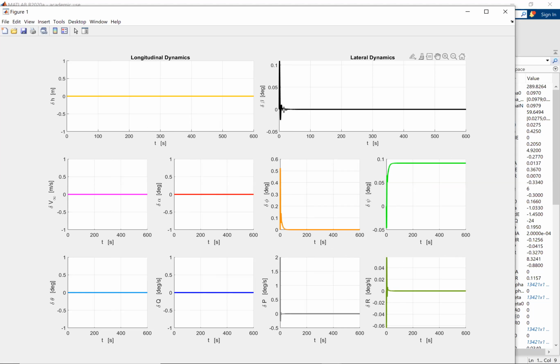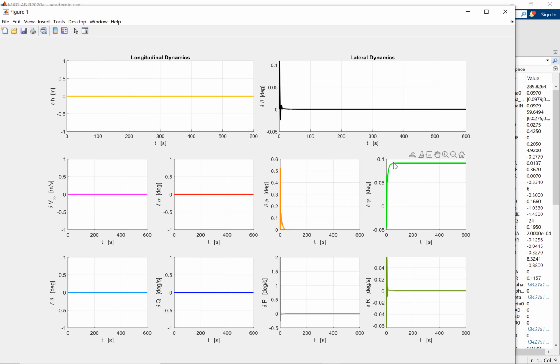So just in a matter of seconds, we've restored our side slip angle to 0, and also our perturbation in terms of roll angle has gone back to 0. The components of the angular velocity for the perturbations, delta p and delta r, went to 0.